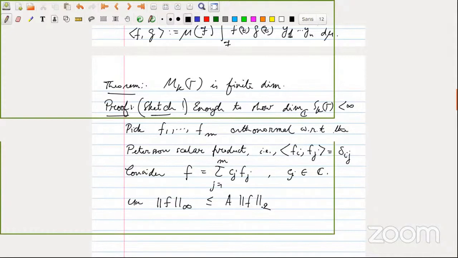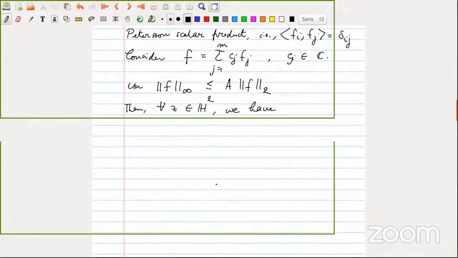If I use this, then for every z inside, say, H^2, we have this sum.